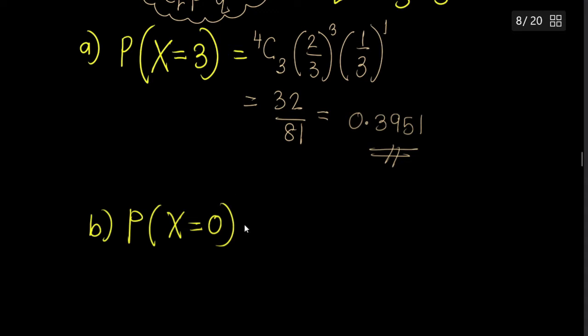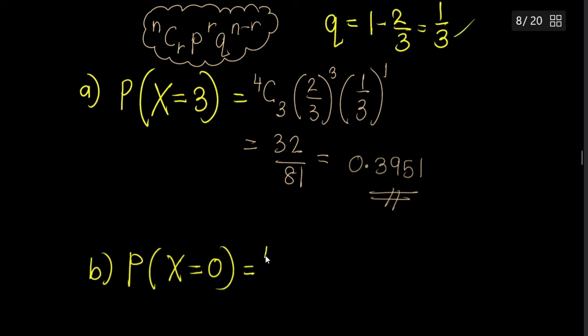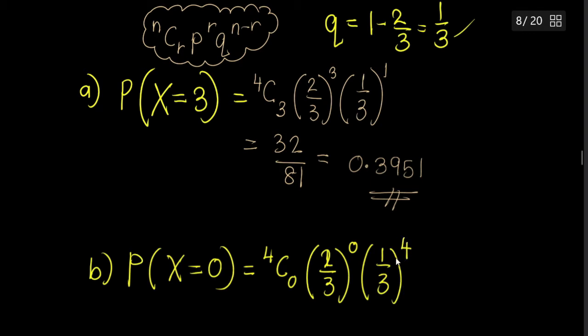We already know x here is 0, so substitute in the formula. All we know already. So 4C0, P is 2 over 3 power 0, Q is 1 over 3, 4 minus 0 is 4. So we key into the calculator: 4C0, and then 2 over 3 power 0, you will get 1, times 1 over 3 power 4.